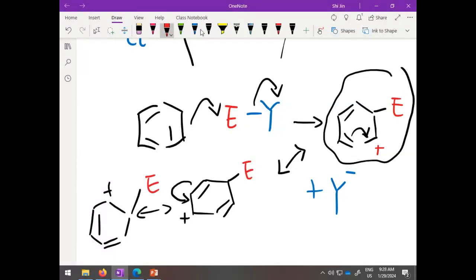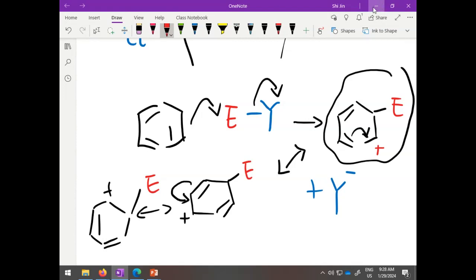What you can see is that in this intermediate, the positive charge is delocalized over at least three carbons. You will see other examples where the positive charge is delocalized over more atoms, but at least three carbons. So this carbocation is generally more stable than the conventional carbocation.